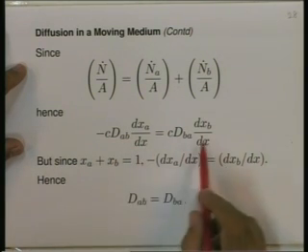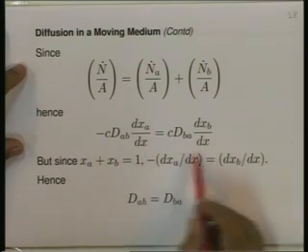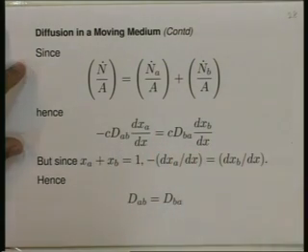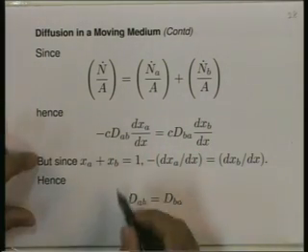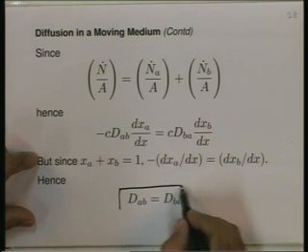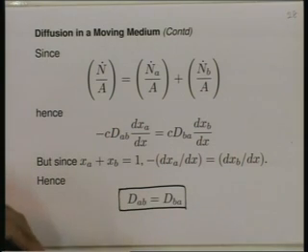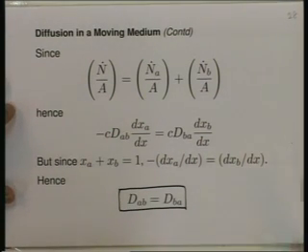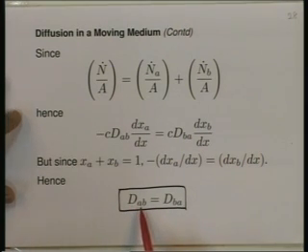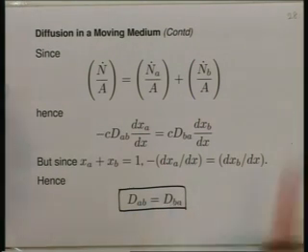And because of this, this expression simplifies to an important expression, DAB is DBA. This is an important relation which indicates that the diffusion coefficient for species A through B equals the diffusion coefficient of species B through A.